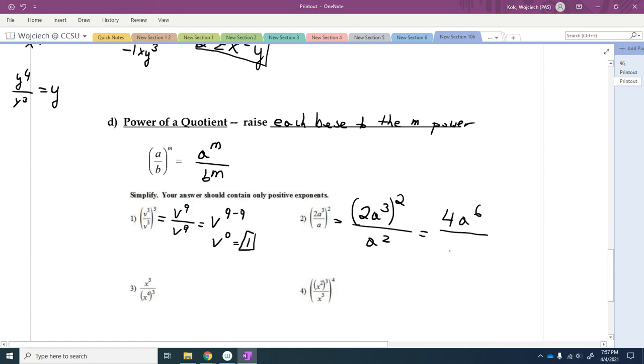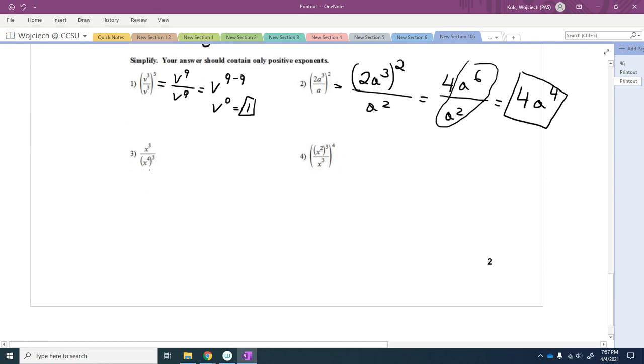And the denominator just stays a to the second. Now, if you use the quotient rule, this 4 stays 4, and a to the sixth over a to the second becomes a to the fourth because we are subtracting. So your final answer is 4a to the fourth.